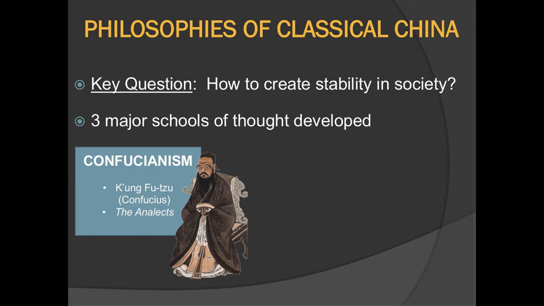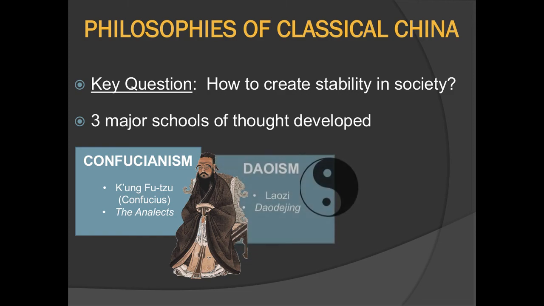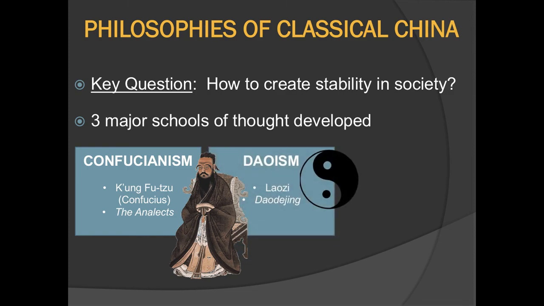A contemporary, most likely someone who lived at the same time as Kung Fu Tzu or Confucius, was a man named Lao Tzu, who developed a philosophy we know as Taoism. By the way, you may see Taoism spelled with a D or a T. It's the same word, all right, Taoism. Lao Tzu is a character, all right, seriously.